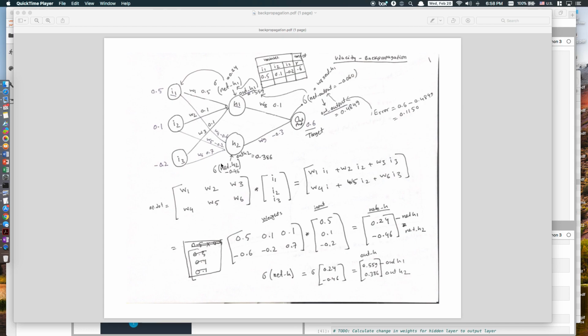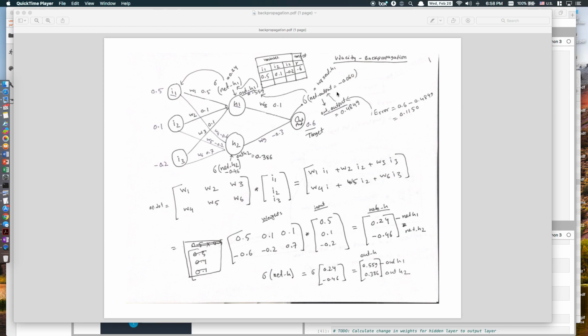If we apply the sigmoid function on net h1 and net h2, we'll get out h1 and out h2, these values. Now we'll multiply out h1, this 0.559, by w8, 0.1, and add it with the multiplication of out h2, 0.386, into minus 0.3.